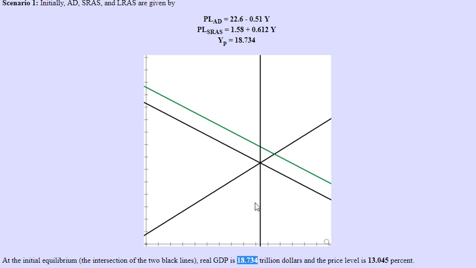This value is equal to potential GDP, because short-run aggregate supply and aggregate demand both intersect at long-run aggregate supply, 18.734. So we plug this value into the short-run aggregate supply curve, or into the aggregate demand curve, and we get 13.045.